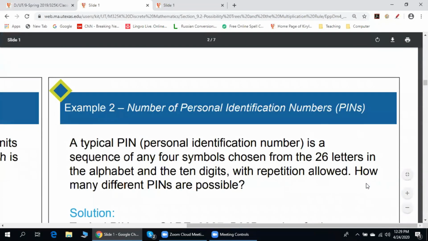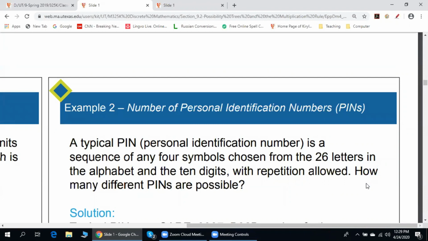Over here, a typical pin is a sequence of any 4 symbols chosen from the 26 letters in the alphabet and the 10 digits with repetition allowed. How many different pins are possible? Guys, who can answer this question?